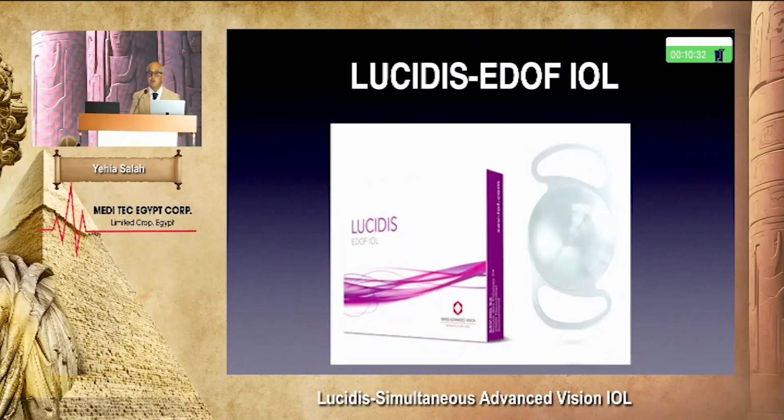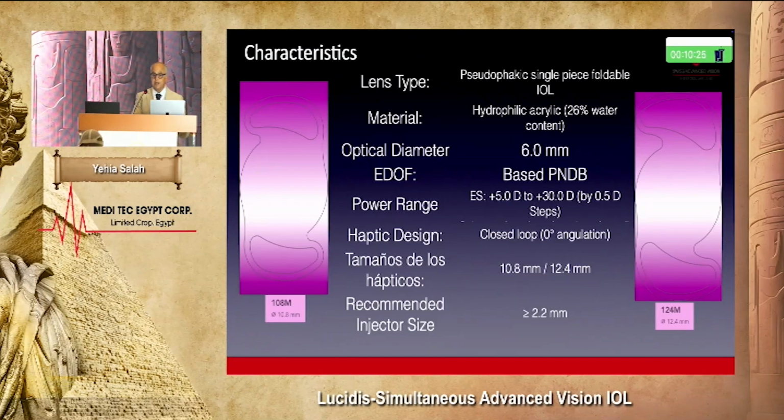So I'm going to introduce to you the Lucidis extended depth of focus. It fulfills the criteria of an extended depth of focus intraocular lens. It is hydrophilic acrylic, and this is some of the criticism against it, with 26% water content, a 6 millimeter optic, and a special optical mechanism I'm going to talk about, which is called pseudo non-diffractive beam. There is a huge power range, and the haptic design has closed loops, which helps in stabilization of the lens.